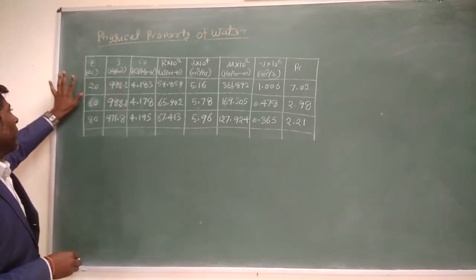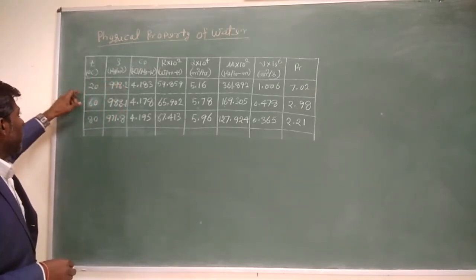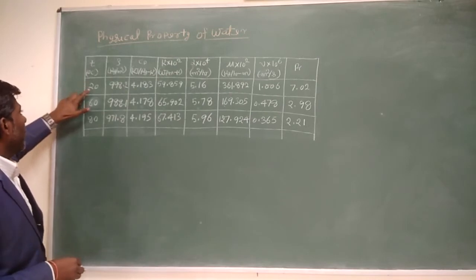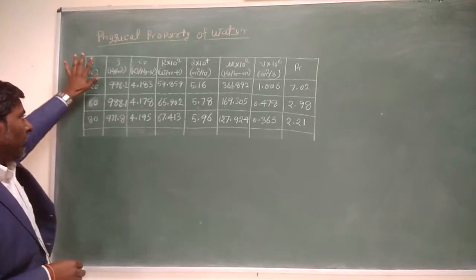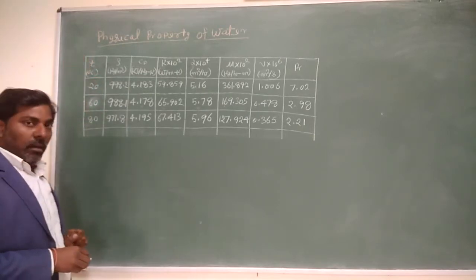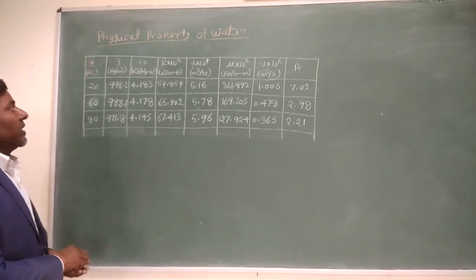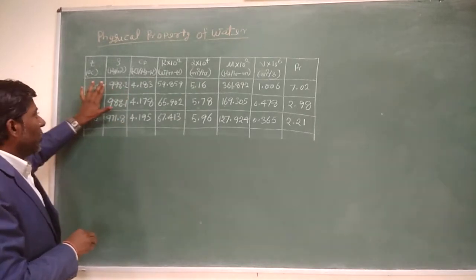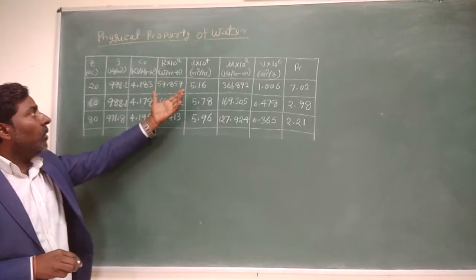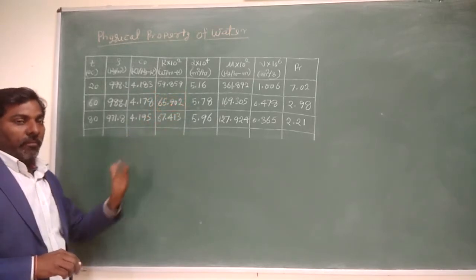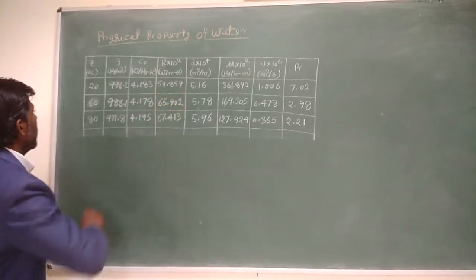I have taken only 3 temperatures, 20 degrees, 60 degrees and 80 degrees, but the properties are available for the whole range of temperature. Just for understanding, I have taken 3 rows so that you can see how the property table of water looks.